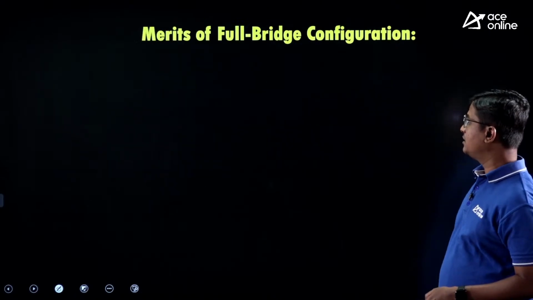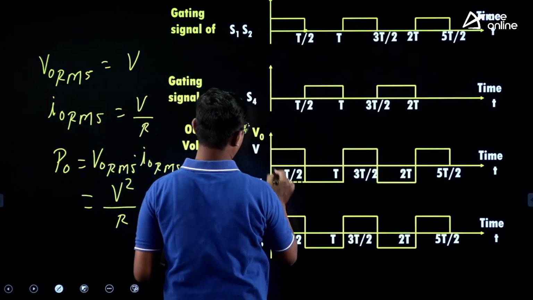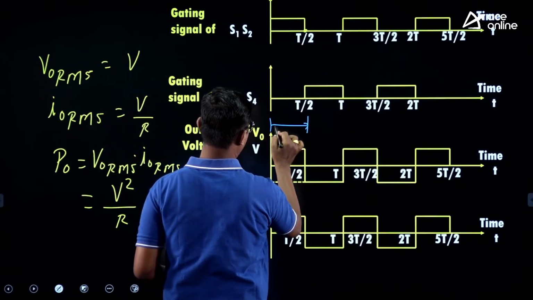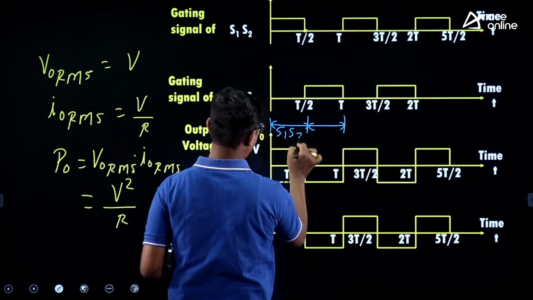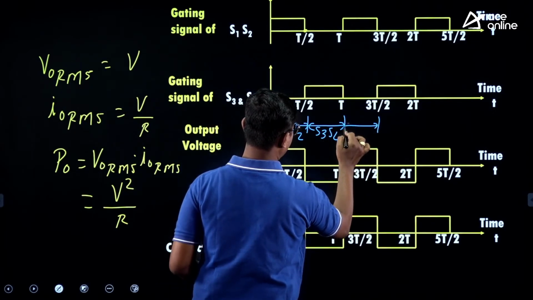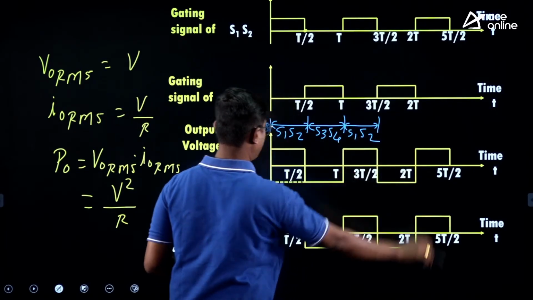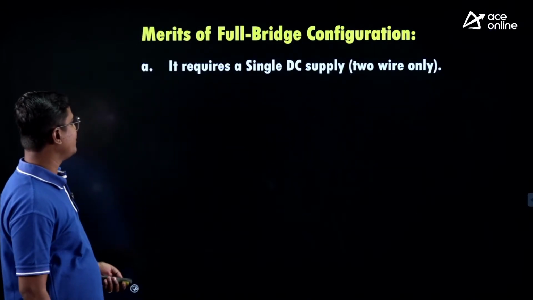Here I will indicate the conduction of the devices: S1, S2, S3, S4, and again S1, S2.